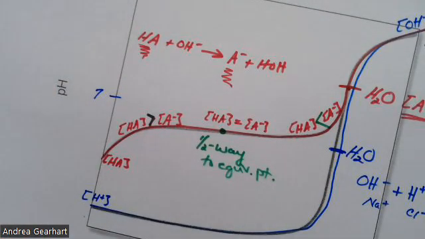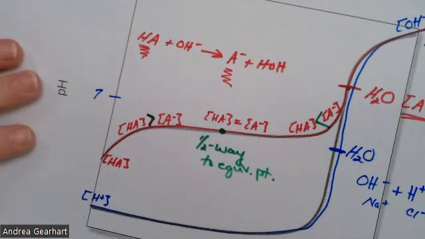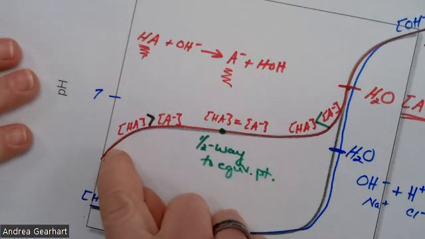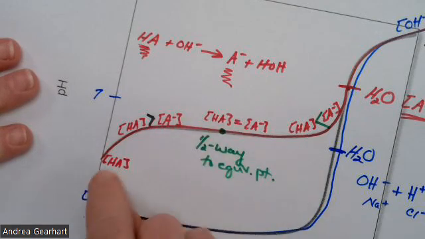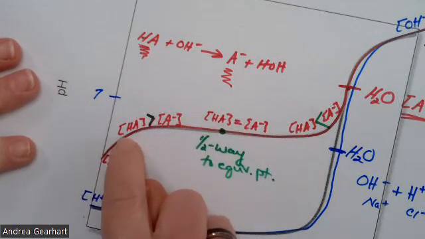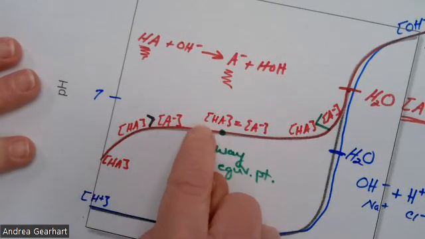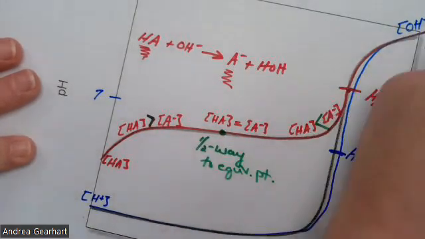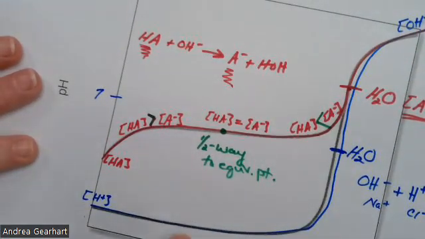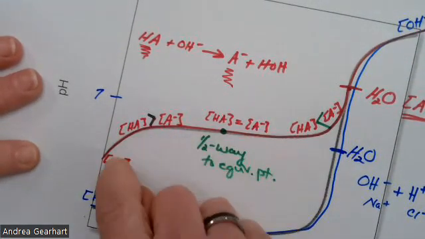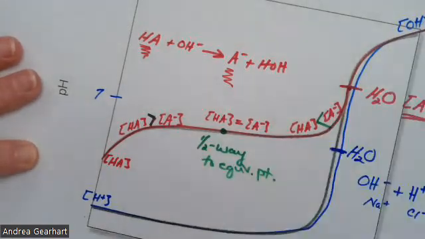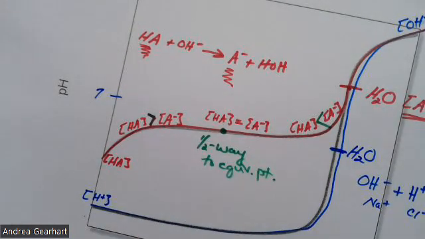Okay, $25,000 question of the day. Why don't we keep climbing? Why do we climb and then it flattens and then equivalence point? Why don't we just climb, or why do we get that flattening area?